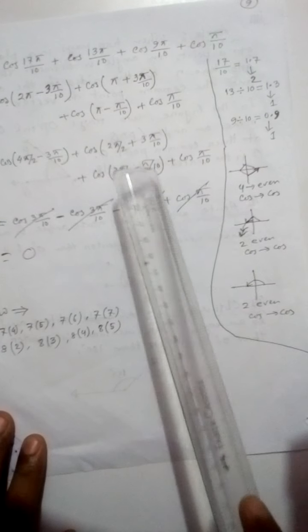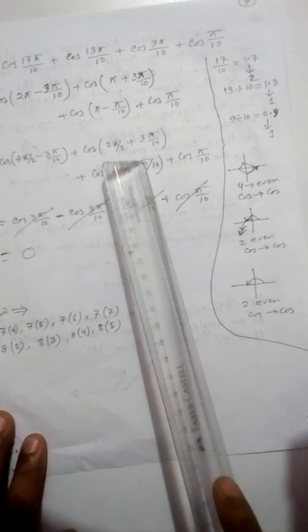In the third quadrant cos is always negative, so we get a minus. The coefficient of π/2 is n equals 2, which is an even number, so no change, cos remains cos. So minus cos 3π/10.